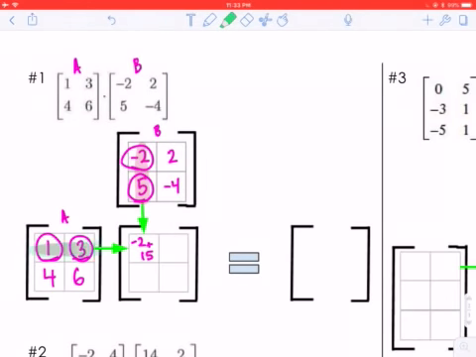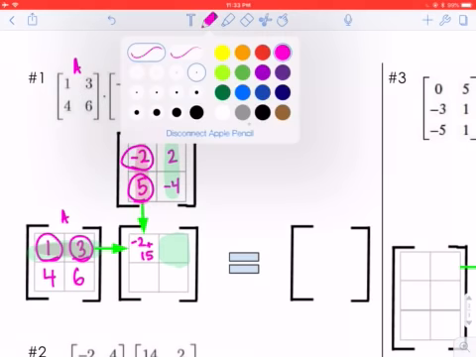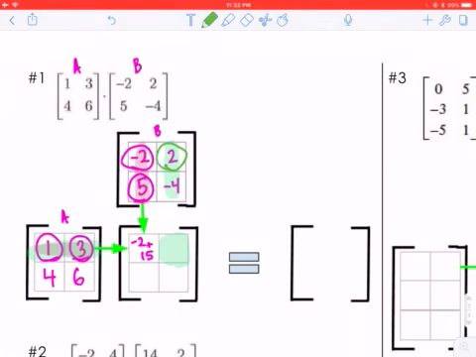So I'm going to do this one here with this one here to give me this box right here. So I'll use green. I have 2 times 1 would be 2 plus -4 times 3. I'm sorry, -4 times +3 would be -12.